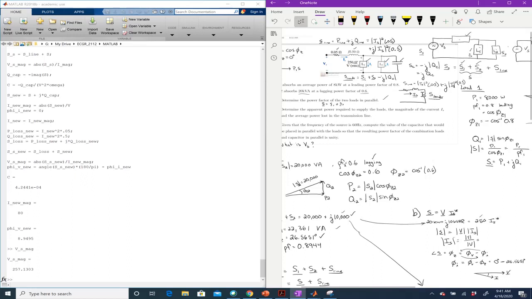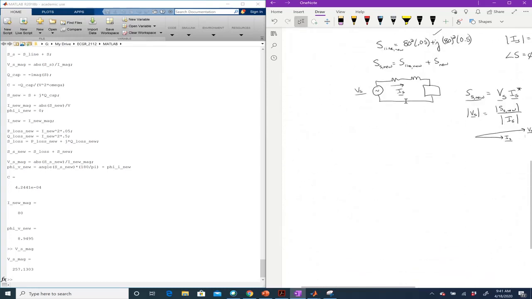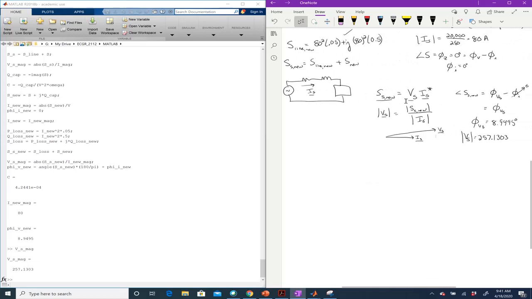I basically have a resistor for my loads, this 0.05 ohm resistor, and then this inductor here at 0.5 ohms. So there's a little bit of inductance in the overall circuit. If there's inductance in the circuit, there better be a positive Q. So the impedance angle better be positive, which means the current better be lagging the voltage, and it is. Okay, so that makes sense.